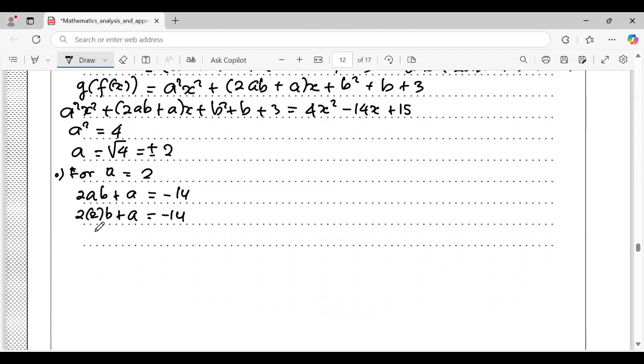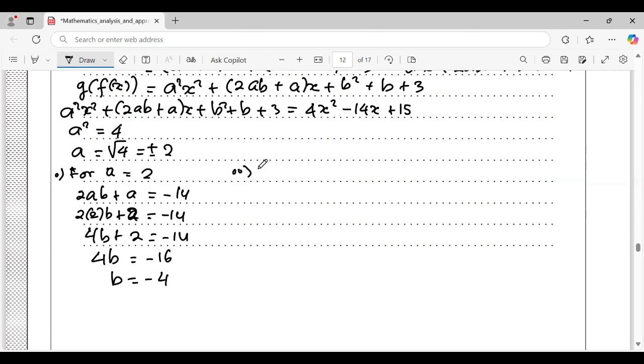So it's going to be 4b plus a, which is 2 as well, plus 2 equals minus 14. So 4b equals minus 16 and b equals minus 16 divided by 4, which is minus 4.